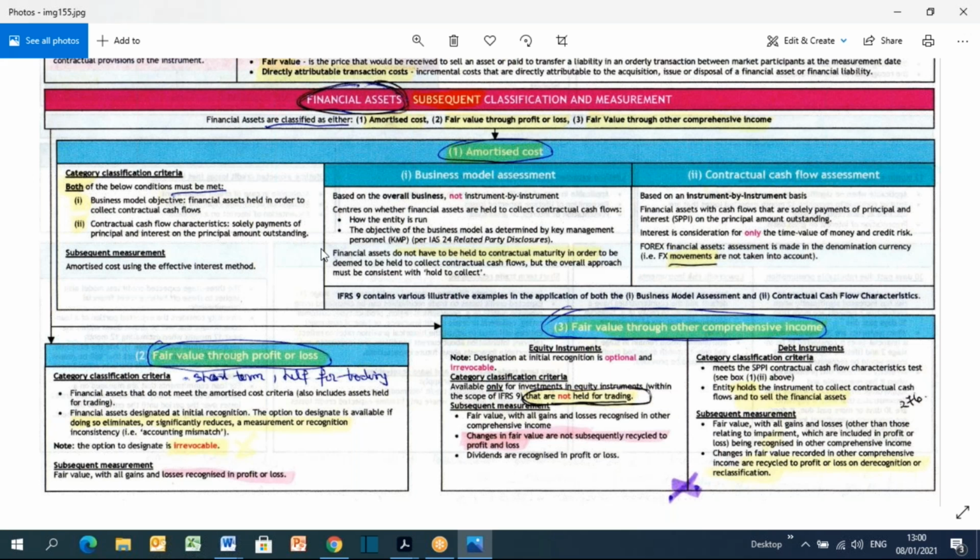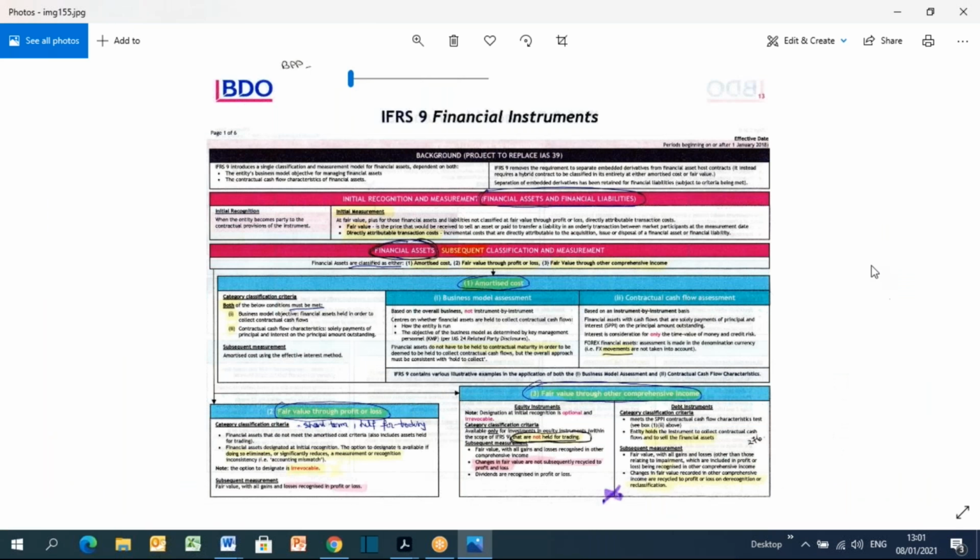They don't know what is an asset, how they are classified, how they should be measured. So dream this layout in here, because you will come across this so many times, and you have to remember these like water. So you have to know the classification of the financial assets in order to answer a question.